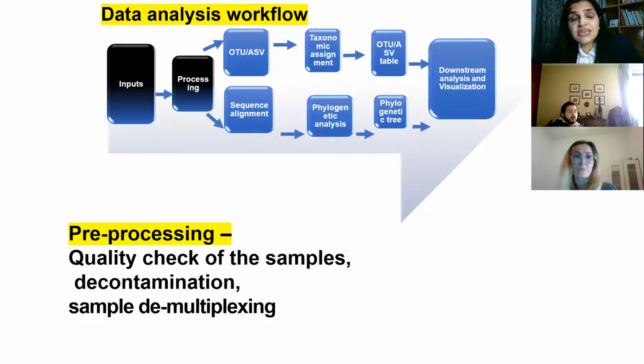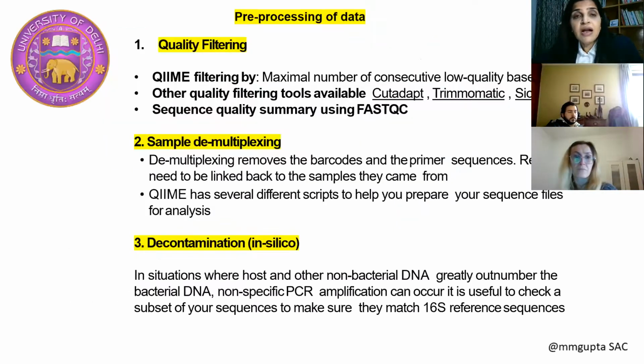So the quality check explains here in a bit more detail what pre-processing is required and why it is very important to have this pre-processing. QIIME is doing filtering, and it could filter the low quality bases, and we have several other platforms available for this filtering.